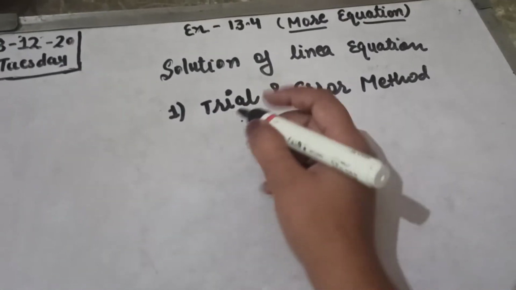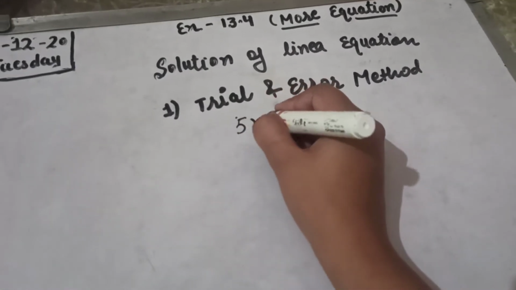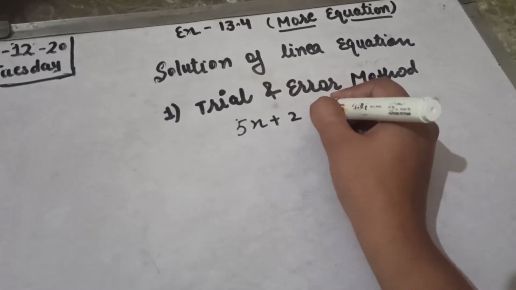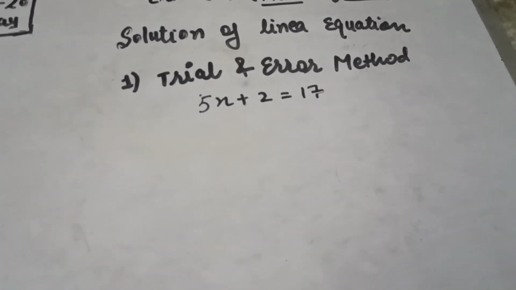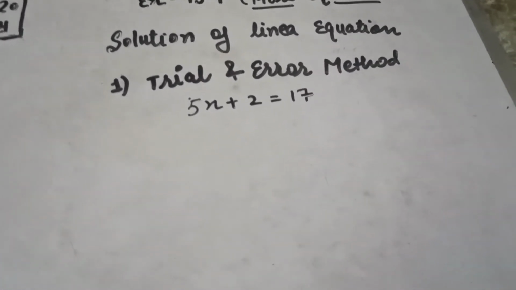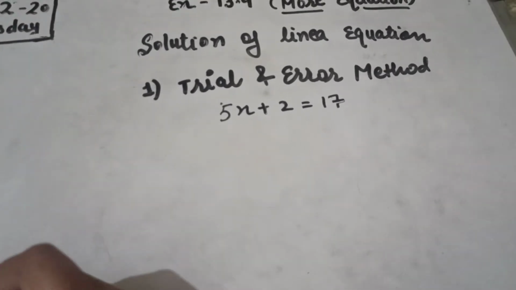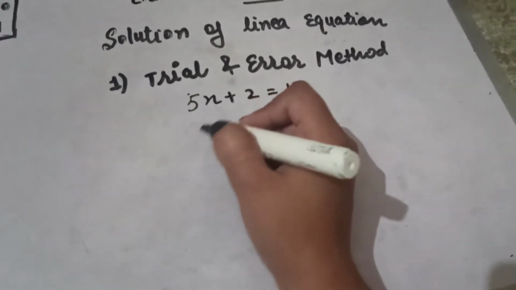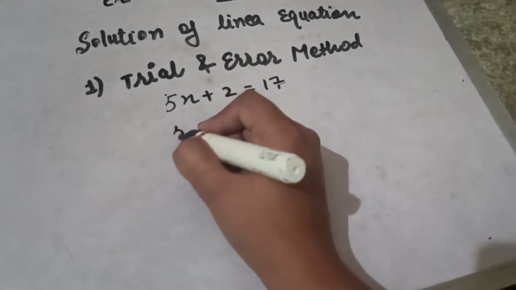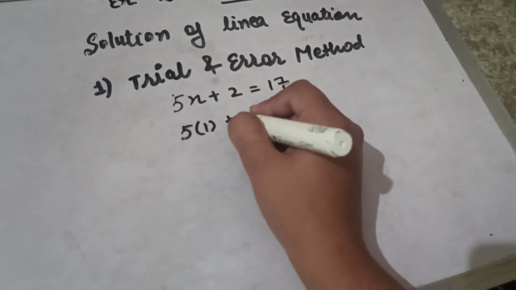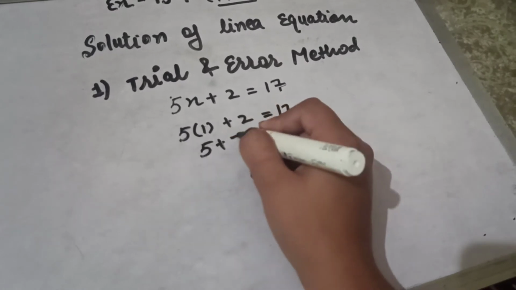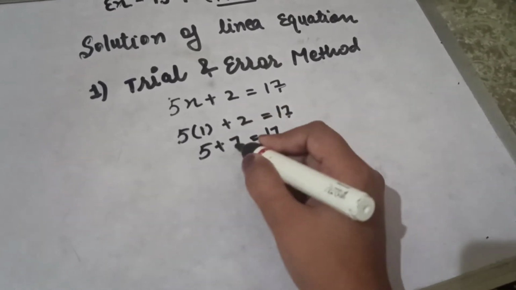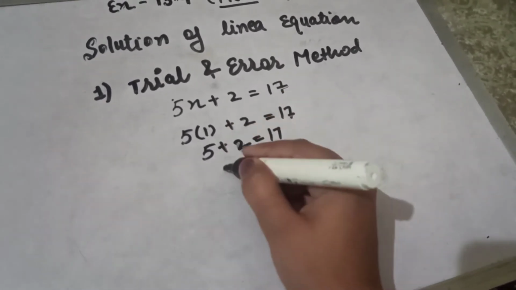Like the equation is 5x plus 2 equals 17. This equation we have to solve with the trial and error method. So here you will put the value of x as 1. 5 plus 2 equals 17. 5 ones are 5, plus 2, 7.